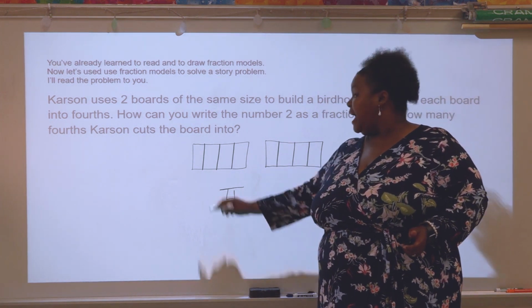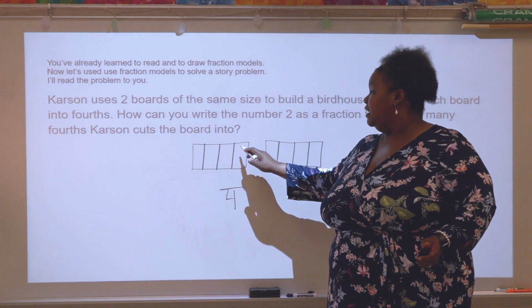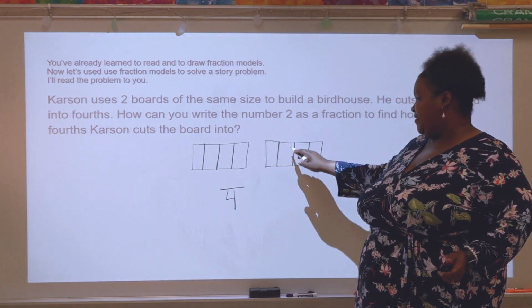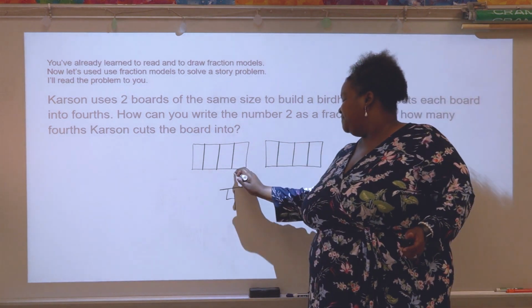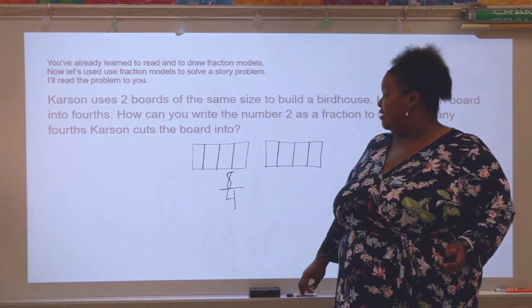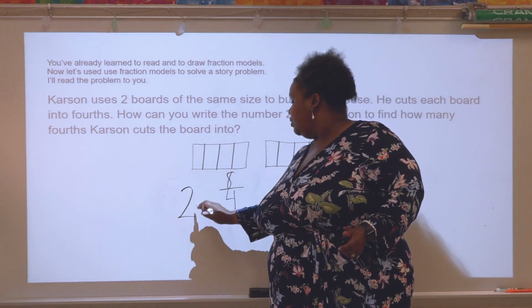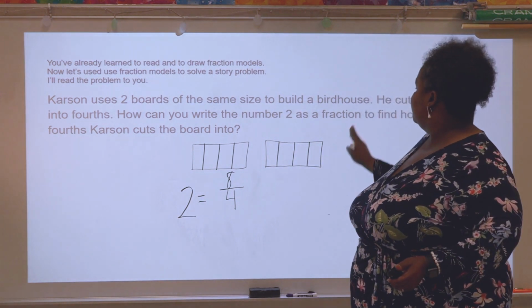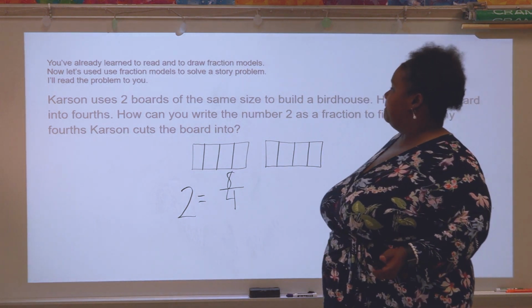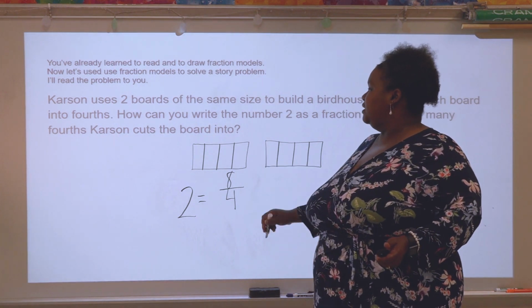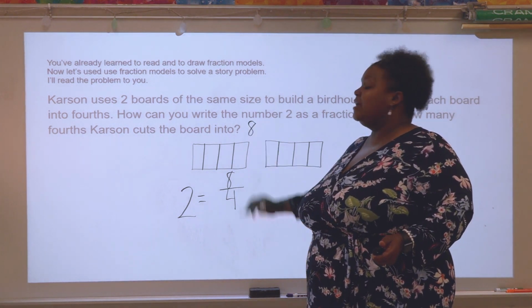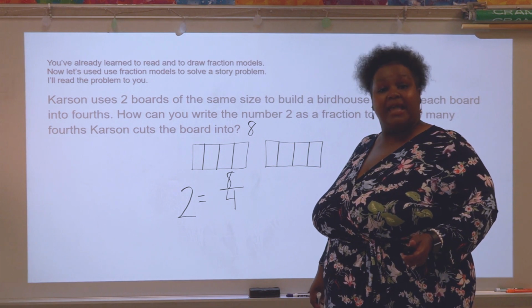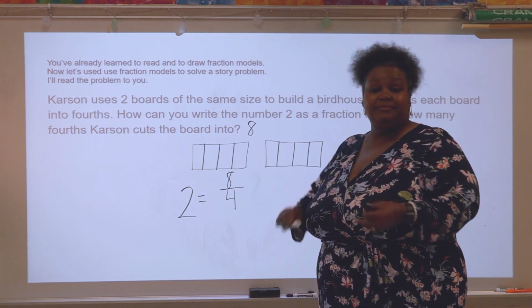So let's count that. 1, 2, 3, 4, 5, 6, 7, 8. So 2 wholes is equivalent to 8 fourths. So to answer this question, how many fourths will he use? My answer would be 8. He would use 8 fourths.